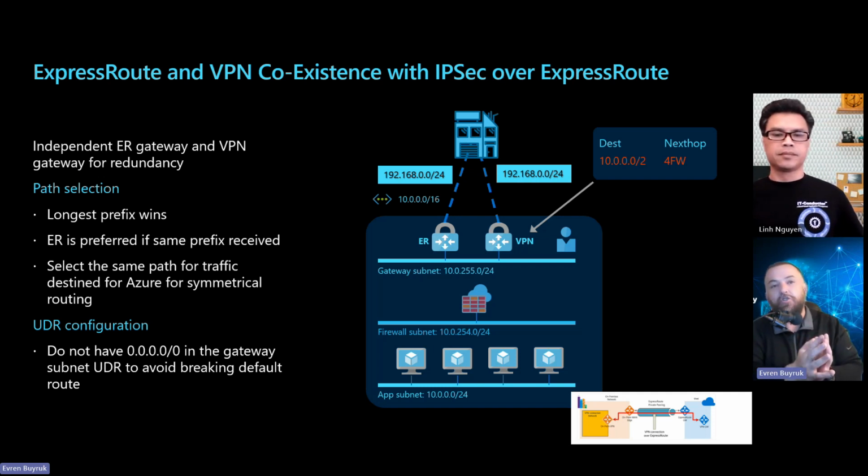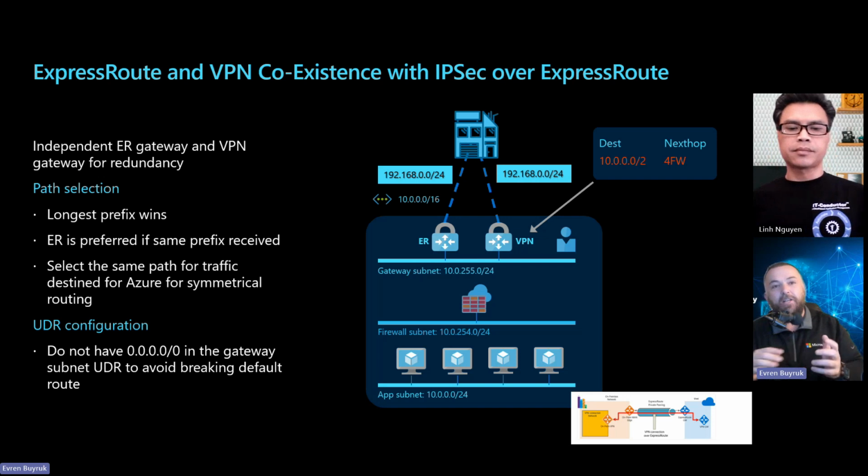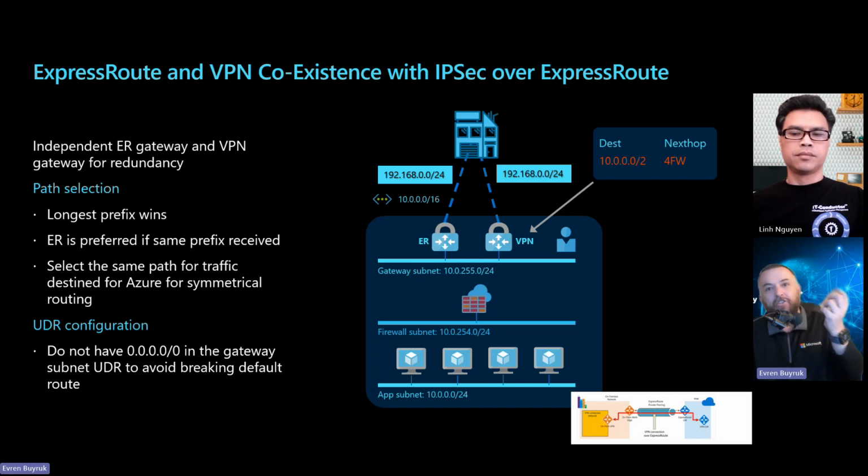That is really dependent on the migration. But we can also tell the customer that we recommend 10 gig ExpressRoute connectivity to establish a healthy connection.